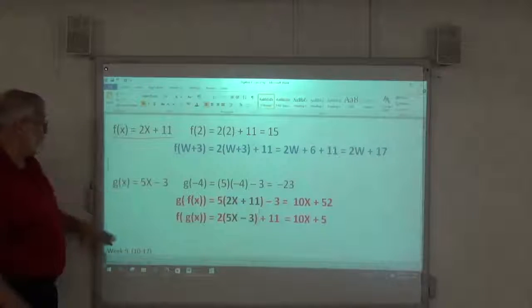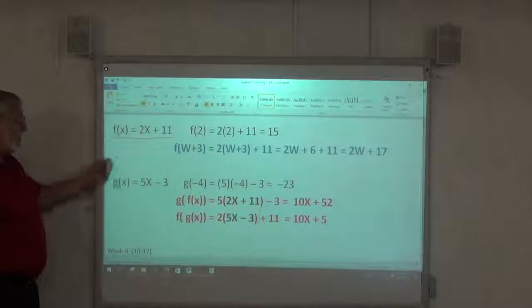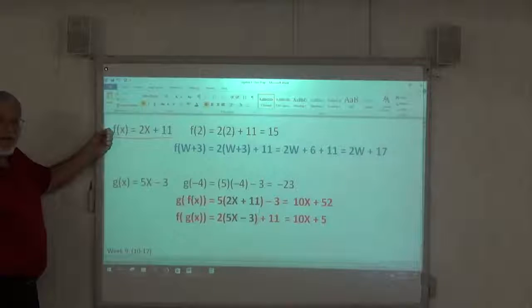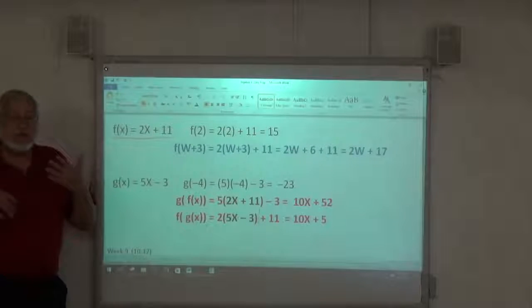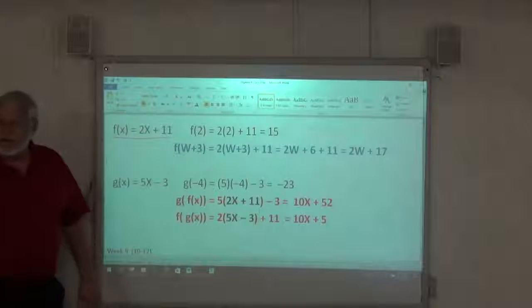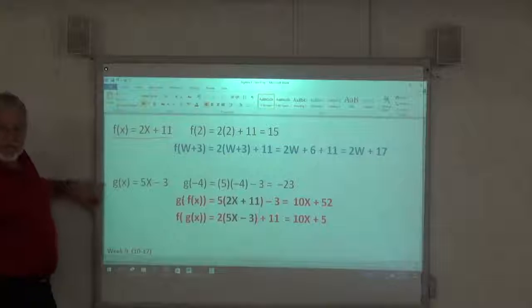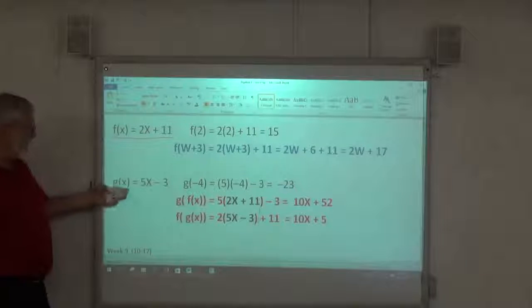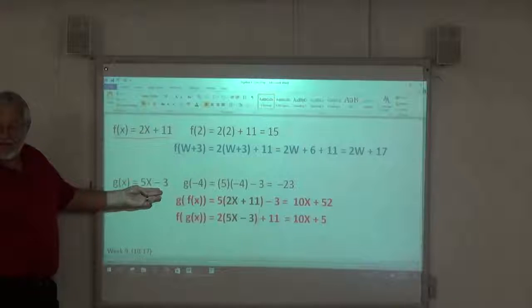Now, the same thing would be true if I gave you g of x. Now, why would I use g? Because I've already identified f. F, G, and H are used often. If they want more than one equation, they'll label them with different letters, but it still means function. So this function g of x says 5x minus 3.